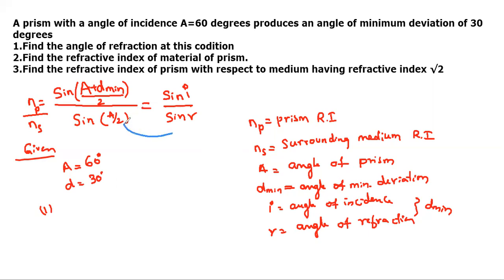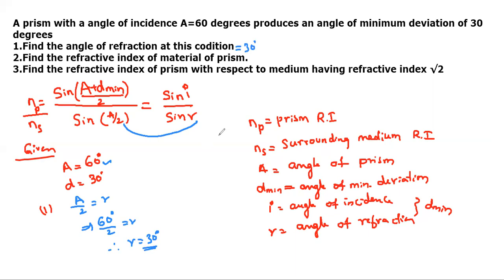You should compare the equation, then you will get A by 2 is equal to r. The A value is 60 degrees. 60 by 2 is equal to r. Therefore r is equal to 30 degrees. So the first question answer is 30 degrees.